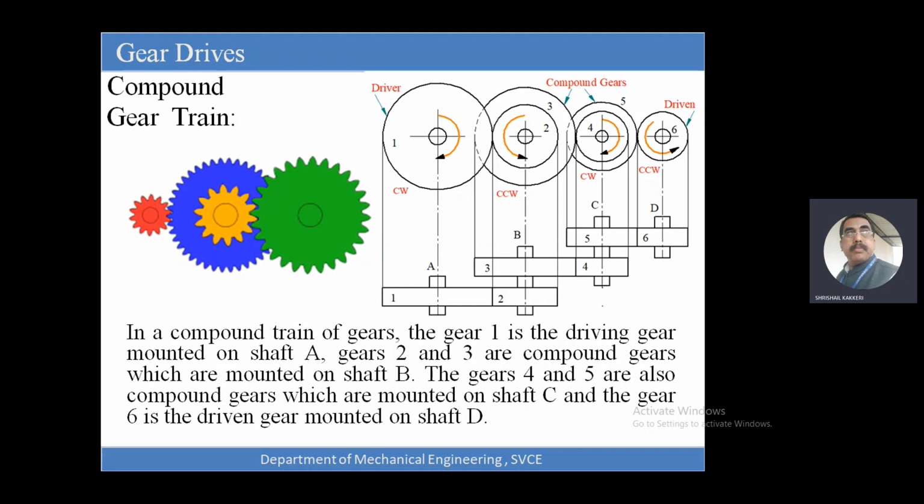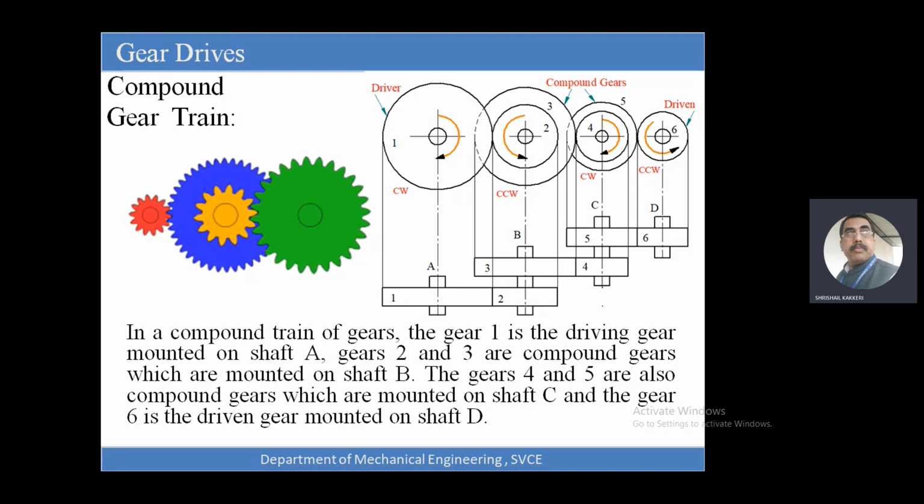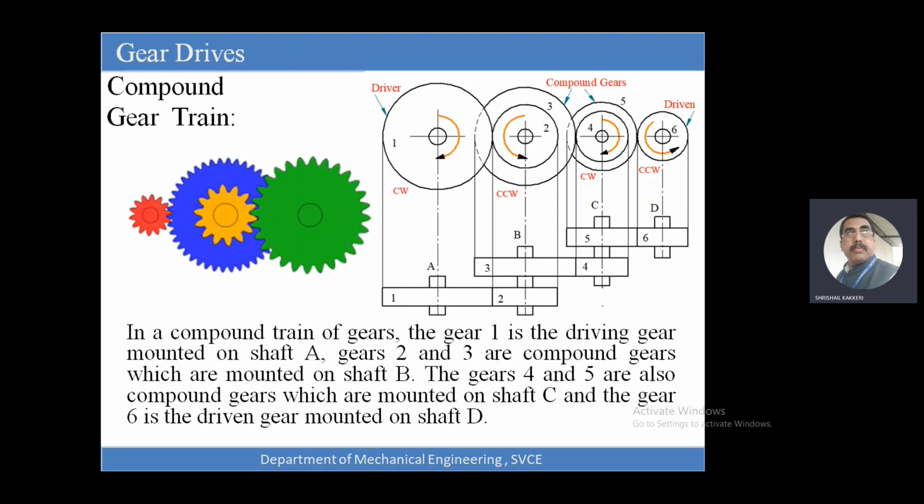You can see that N4 and N5 will get cancelled, and N2 and N3 will get cancelled. So definitely N6 by N1 is equal to T1 into T3 into T5 divided by T2 into T4 into T6, which is the velocity ratio of this particular gear train system.